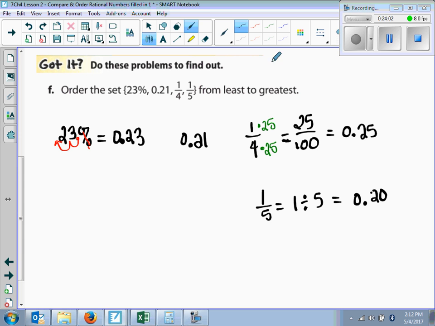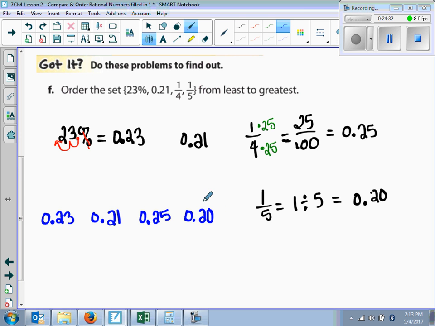So now I've got 0.23, 0.21, 0.25, and we have 0.20.